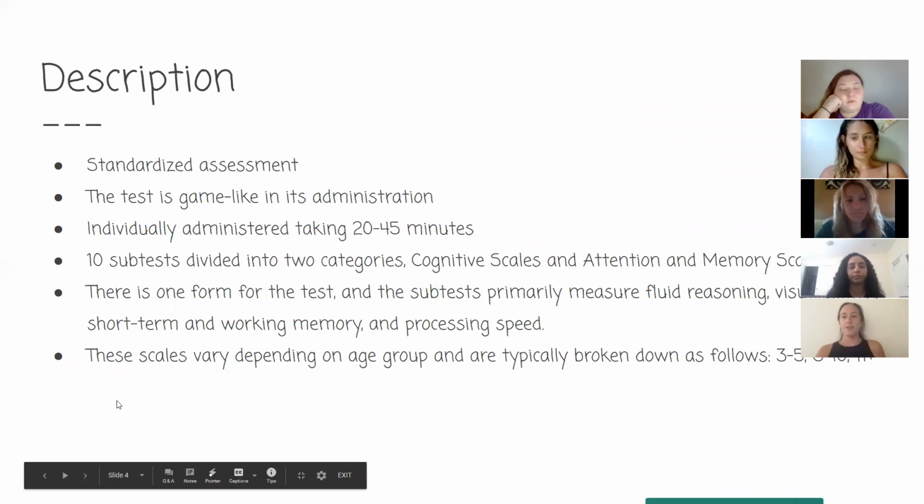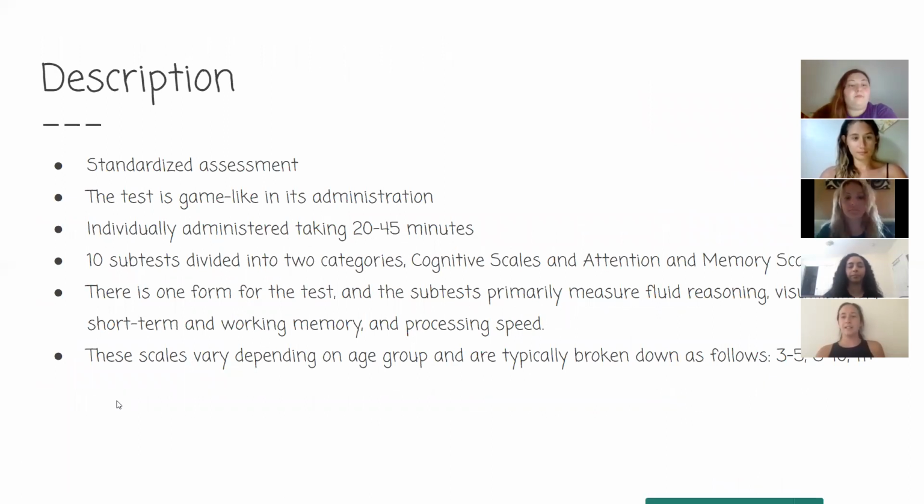The Leiter-3 is a standardized assessment that is game-like in administration. It's comprised of manipulatives like blocks, foam pieces, and stimulus cards. It's individually administered by an educator, special educator, SLP, or psychologist, and it takes about 20 to 45 minutes to complete.